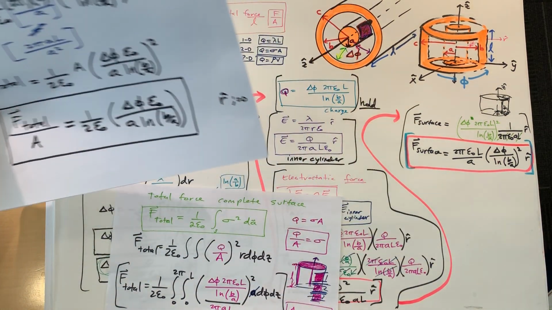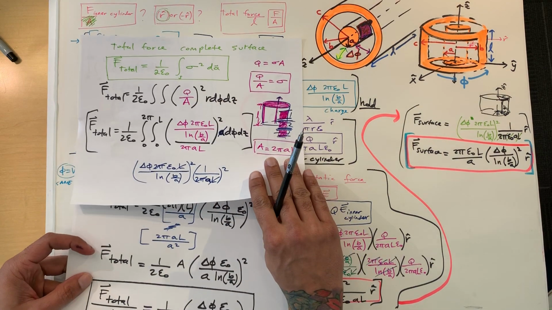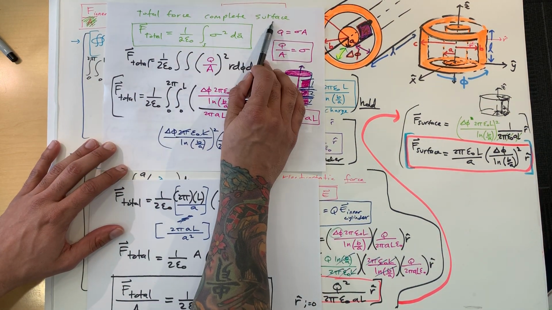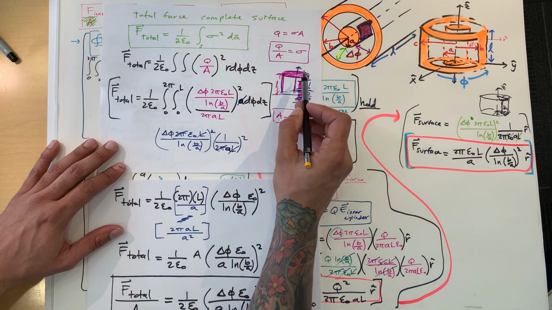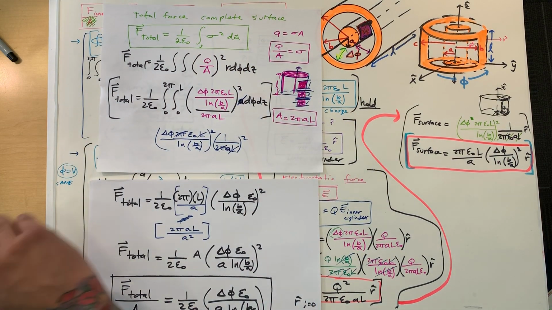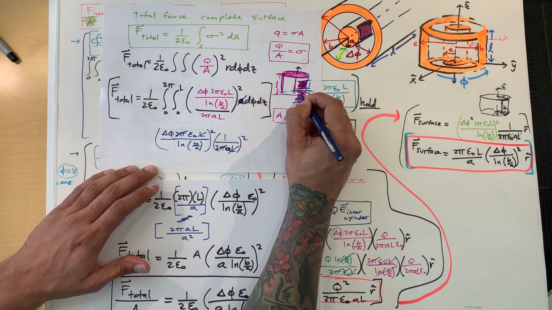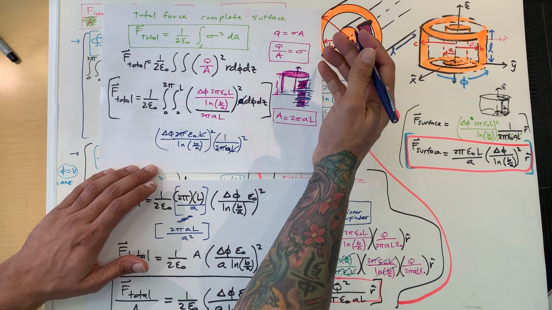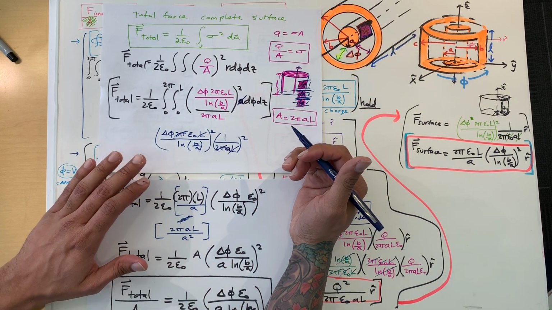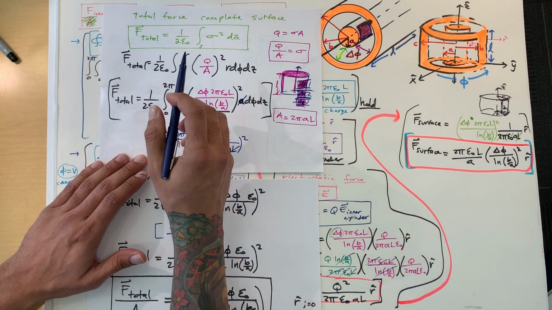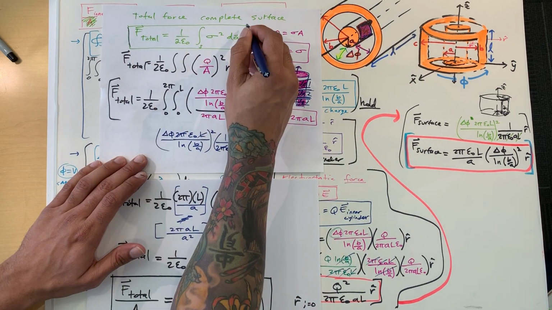And finally, we're going to look for the total force of the complete surface. That means that we have these segments of dA that we're looking for, and we want to know the total force per unit length, in this case area, because that's how we're measuring our length. And so we need this equation here.